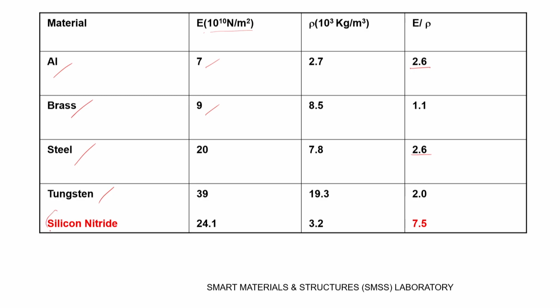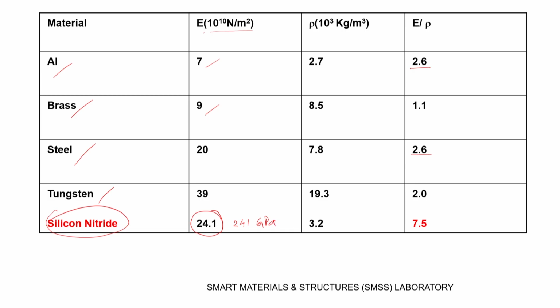However, in that small scale, if I have to develop something, I have a better material available with me. This material is known as silicon nitride, and silicon nitride has a modulus of elasticity of 24.1 into 10 to the power 10, that is 241 gigapascal, more than steel.